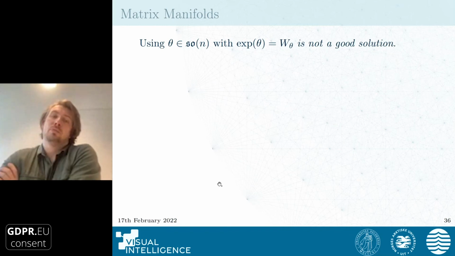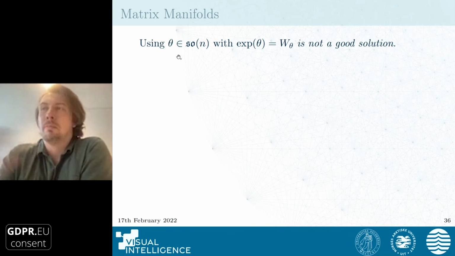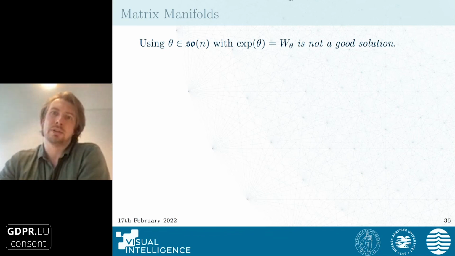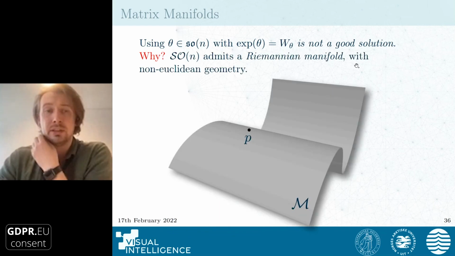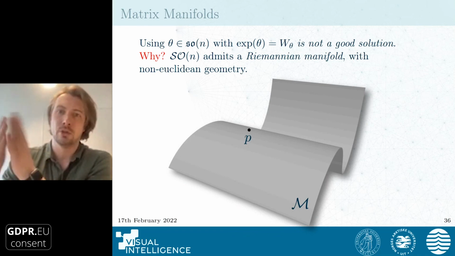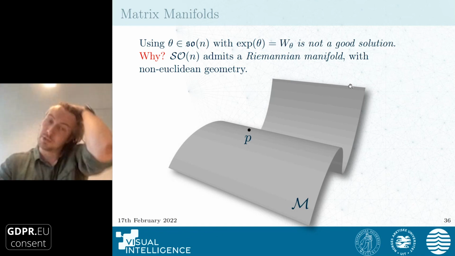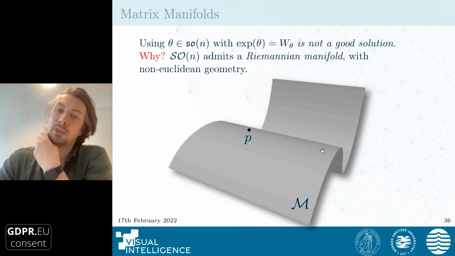Well, one initial idea is to simply use the fact that you can map from the special orthogonal algebra to the special orthogonal group. However, this turns out not to be a very good solution. Why? Well, the special orthogonal group does not have the same geometry as Euclidean space. It's a Riemannian manifold, and it has a special type of geometry that we have to pay attention to.